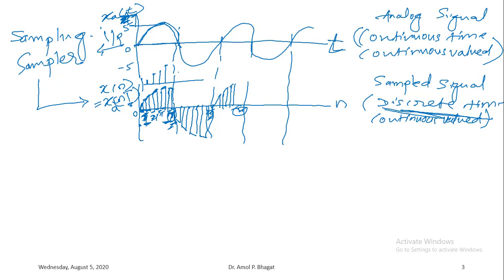After every capital T time interval, a sample will occur, so it is called the sampling time interval. Your sampler is converting this continuous time and continuous valued signal into a discrete time but continuous valued signal.